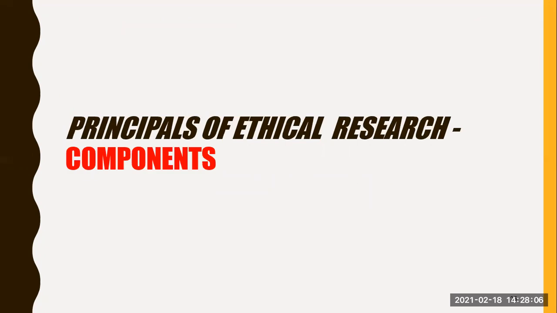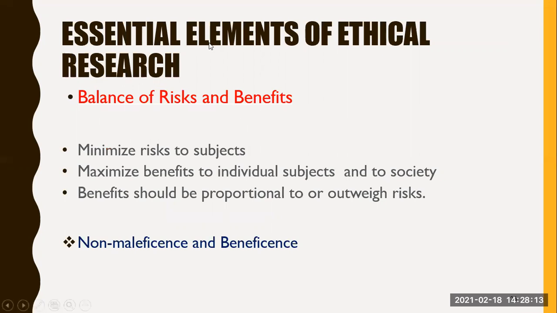Okay, so the principles of ethical research, the components of it. The essential elements of ethical research. Risk should be balanced with that of benefits. It means that benefits should always outweigh the risk. That means benefits should always be more than the risk associated with the treatment.